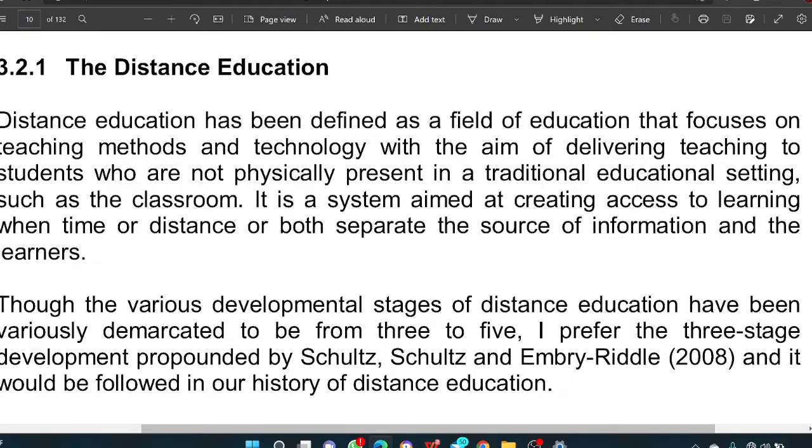Though the various developmental stages of distance education have been variously demarcated to be from 3 to 5, I prefer the three-stage development propounded by Schultz and Embry-Riddle 2008, and it would be followed in our history of distance education.